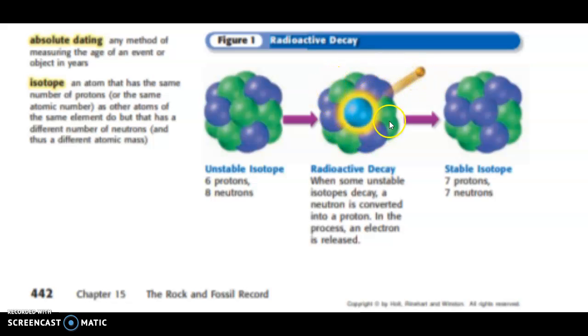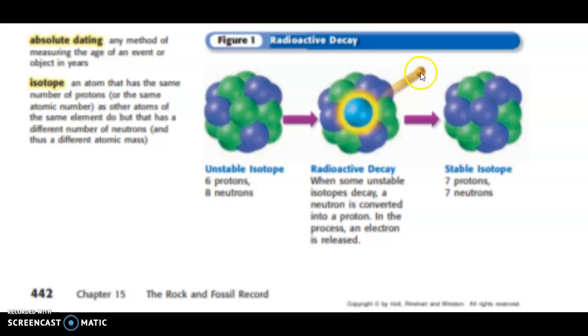Now, if you look over here in this picture, you can see that there is an unstable isotope decay, and the neutron is getting converted into a proton. And when this process is happening, you can see through this brown particle that is escaping the element, that is an electron being released.